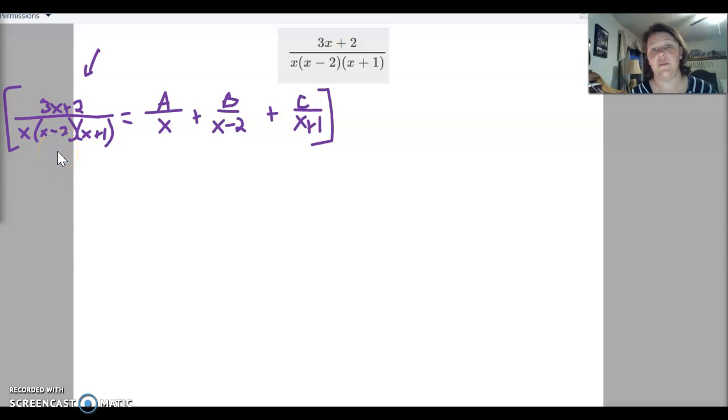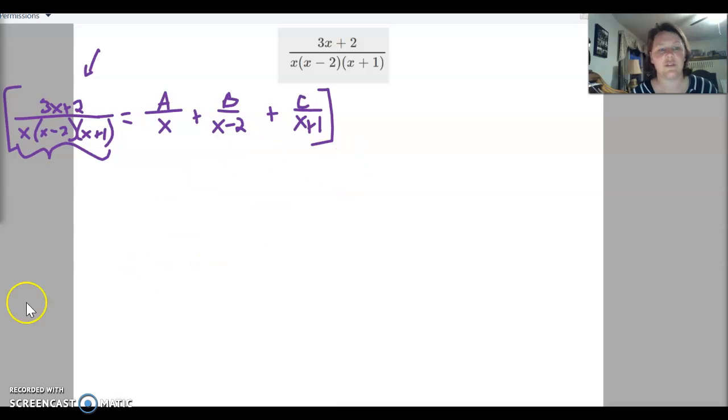Then we would be able to clear all of our fractions out. In this case, on the left-hand side, our denominator is x(x - 2)(x + 1). On the right-hand side, we have an x, an x - 2, and an x + 1. So this whole denominator right here is going to be our least common denominator.